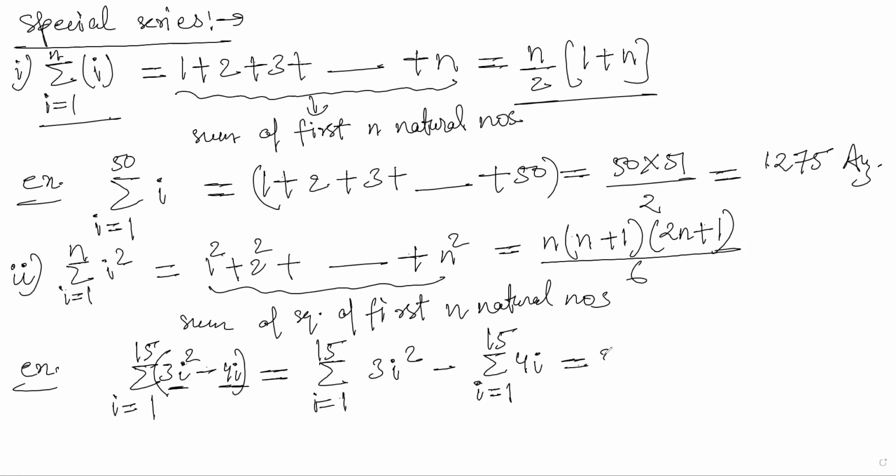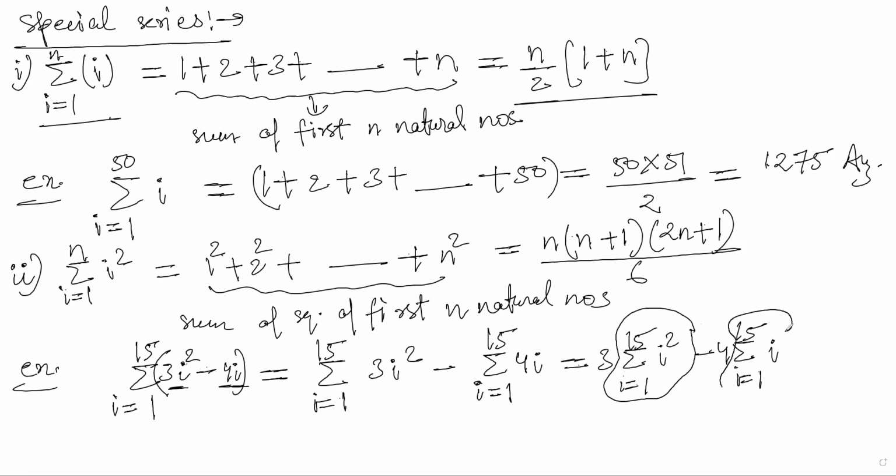So this is nothing but 3 sigma i square minus 4 sigma i, where i is from 1 to 15. So this is 1 square plus 2 square plus 3 square up to 15 square, and this is 1 plus 2 plus 3 plus 4 up to 15.